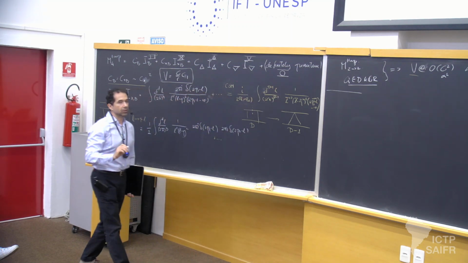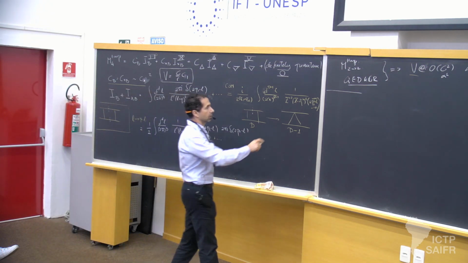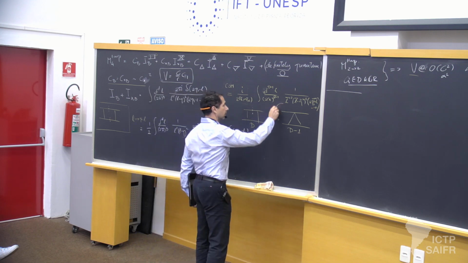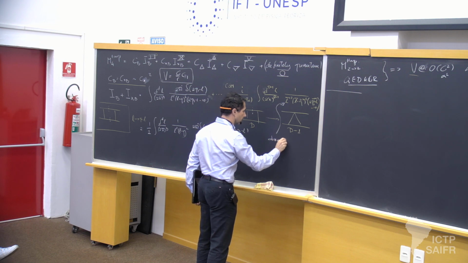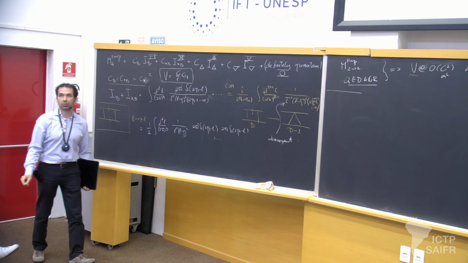Now, the one thing that's worth noticing is that this integral is in fact divergent. This is divergent, and this is important. It's not the standard UV divergence that you're used to in quantum field theory.